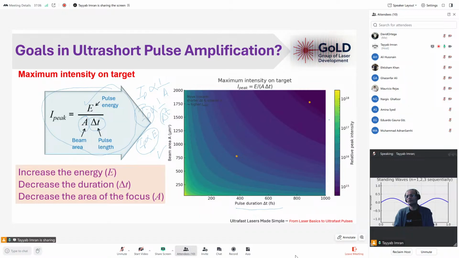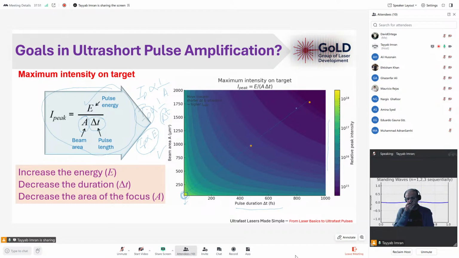You can clearly see the peak intensity. So here, this yellow portion, the peak intensity is maximum. Why? Because the pulse duration is very much less here, and beam area is also less here. So if you go up here, the pulse duration will be increasing and the beam area will also be increasing. But the intensity here is reduced.